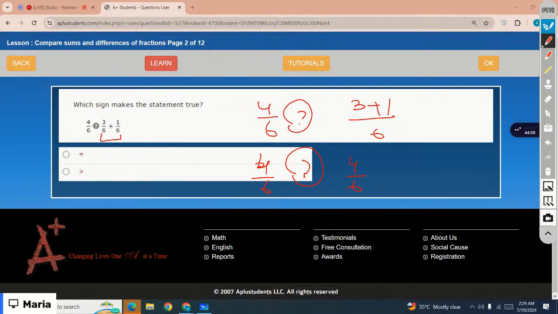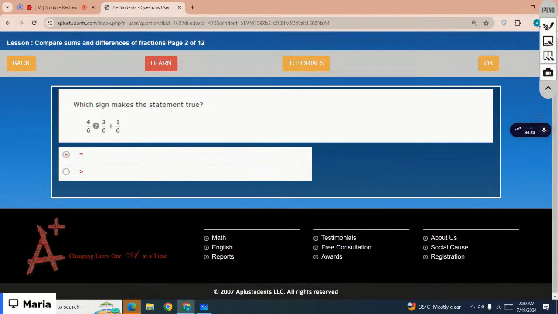Equal or greater? Yes, equal they are. The correct option is equal. Option number 1 is the correct option.